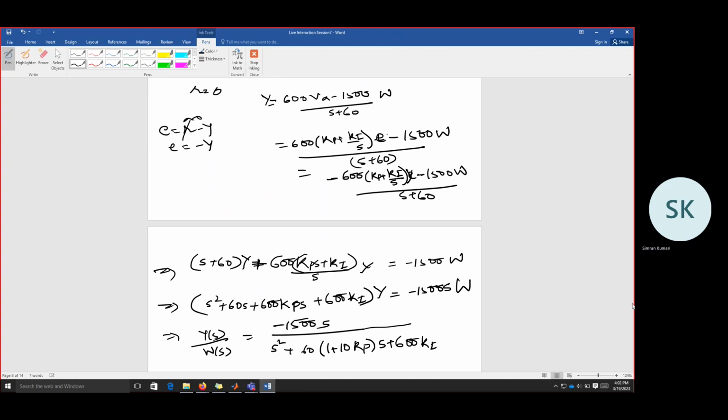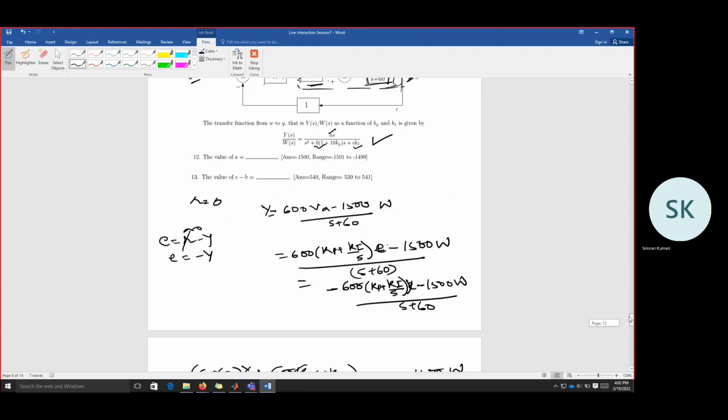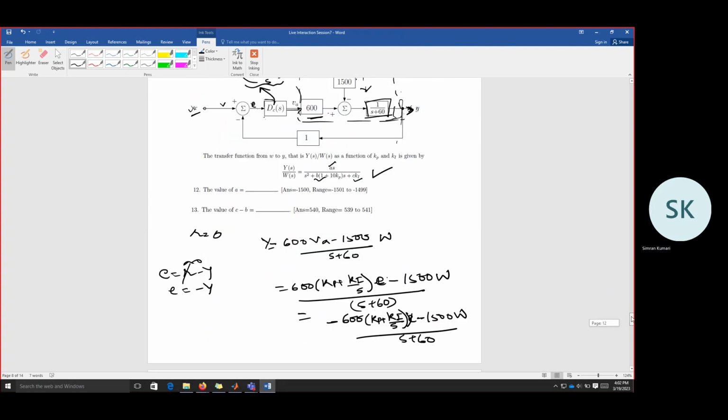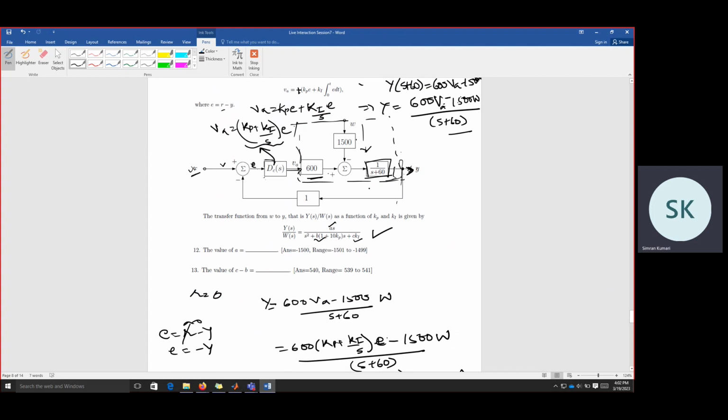So this is the transfer function we have found out. This is like a derivation, or you could have simply found it by this one: since R is 0, this is the forward path, so G by 1 plus GH, where H is this feedback path transfer function.